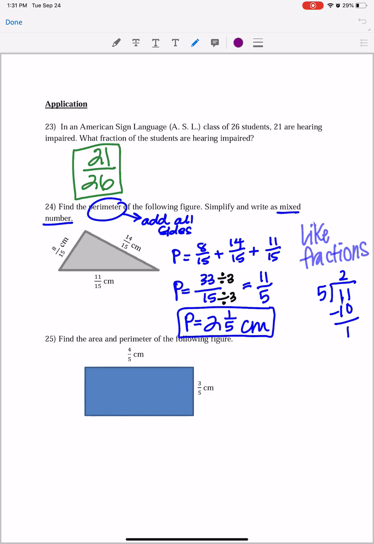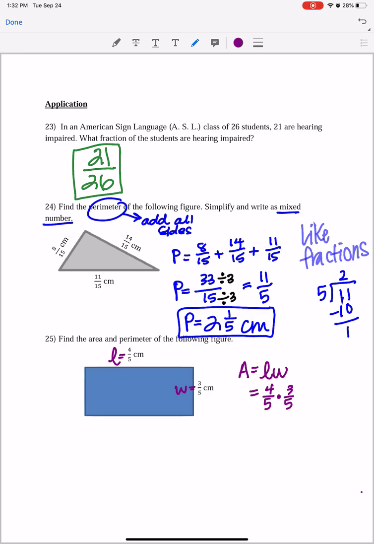And then our last one, we're not just finding perimeter, we're also finding area. So your formula for area, which has to be memorized, is length times width. Really and truly it doesn't matter which one you call length and which one you call your width, but this is technically the length. So 4/5 times the width, 3/5.